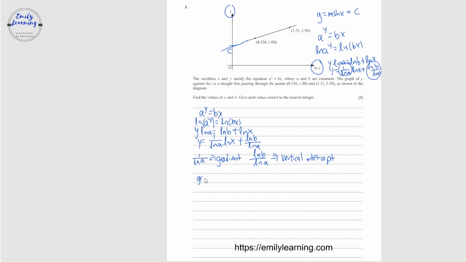So I know that gradient, which is equals to 1 over ln A, is equals to, so if this is x1, y1, this is x2, y2, then my gradient is equals to y2 minus y1 over x2 minus x1, right? So let's find the gradient now.